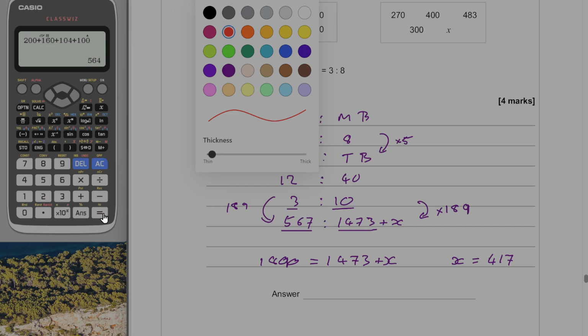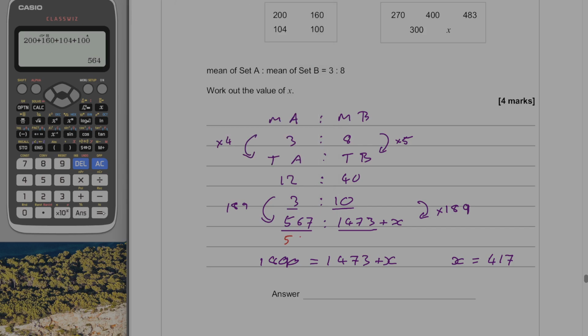So 564 should have been my total here. If I did the other numbers, 270 plus 400 plus 483 plus 300, I'm out here as well. So 1453.